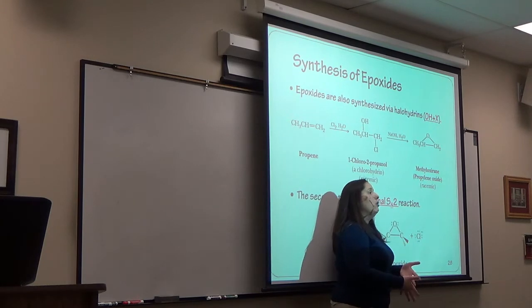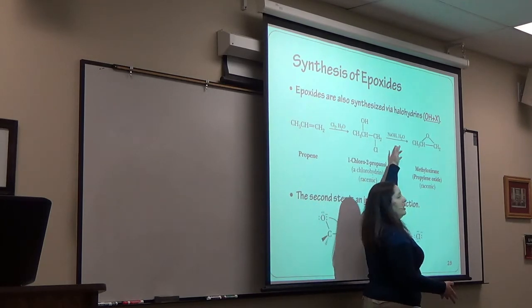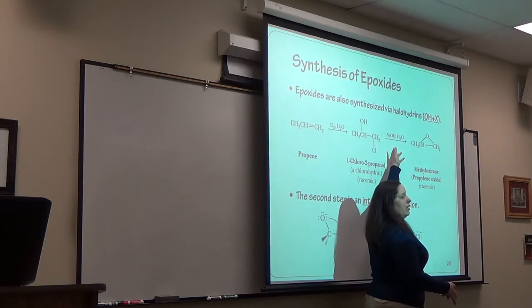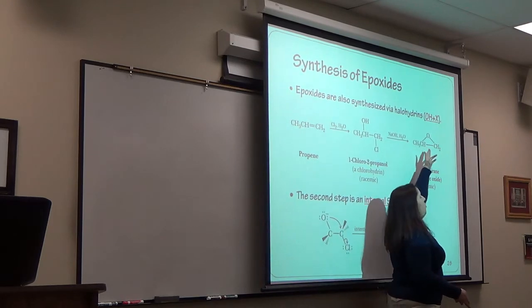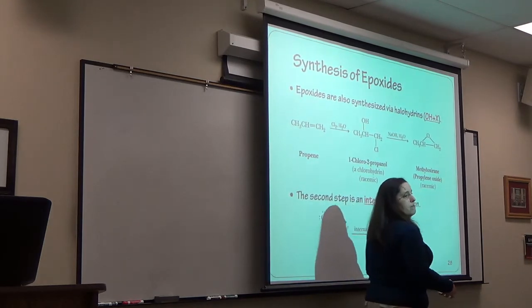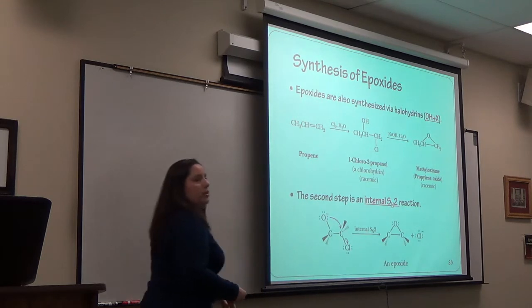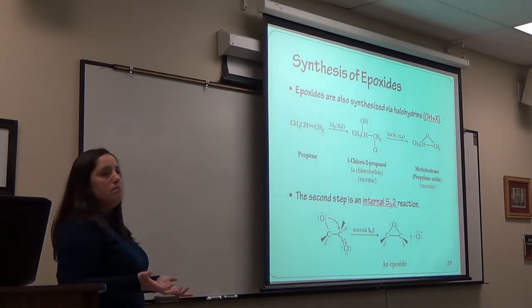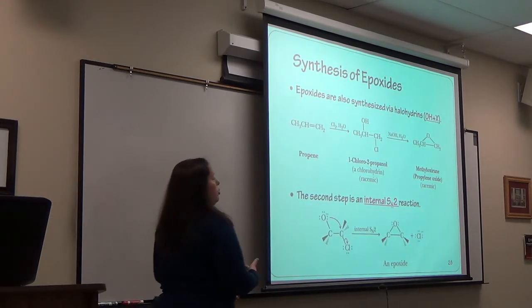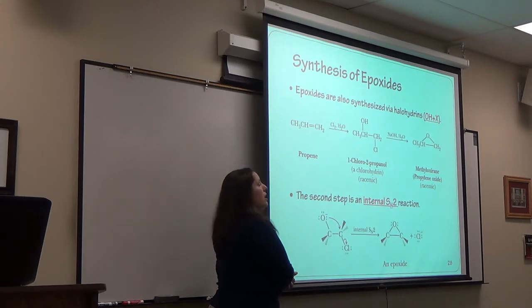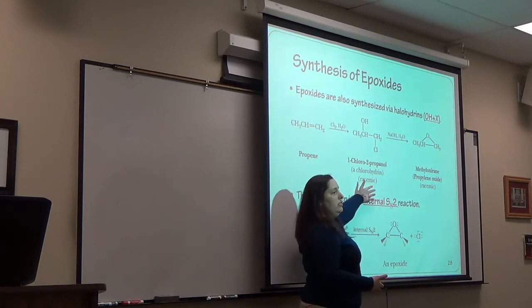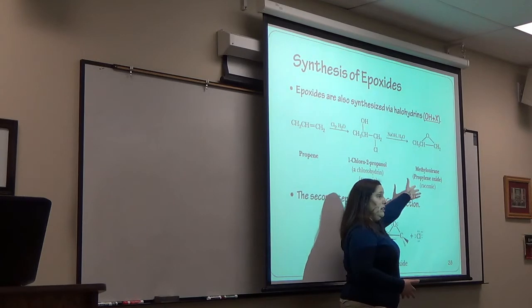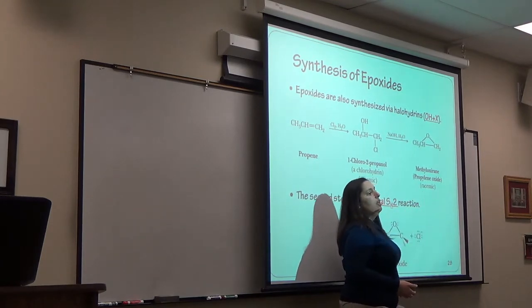If you take the halohydrin and add a base in water, so sodium hydroxide here, it will form the epoxide. So you can take any alkene, a double bond, do the halohydrin reaction, and then whatever your product is, you can add a base, and it will make your epoxide.